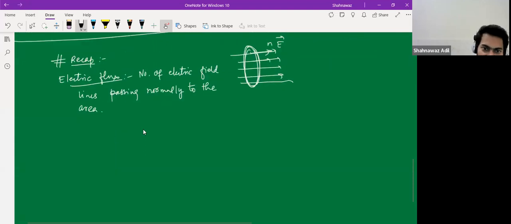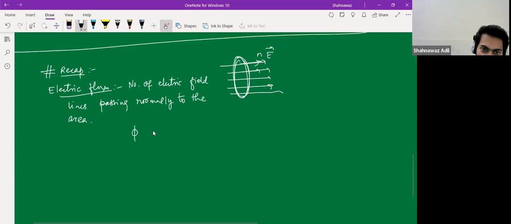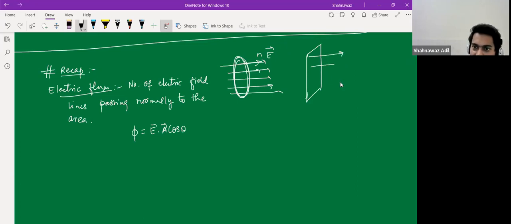So this is the electric flux that we discussed. This is represented by phi, which is E dot A, and cos theta when it is making some angle with the normal. So let's say that we have a sheet, this planar surface, and it has a normal vector this. But the electric field is in this direction.